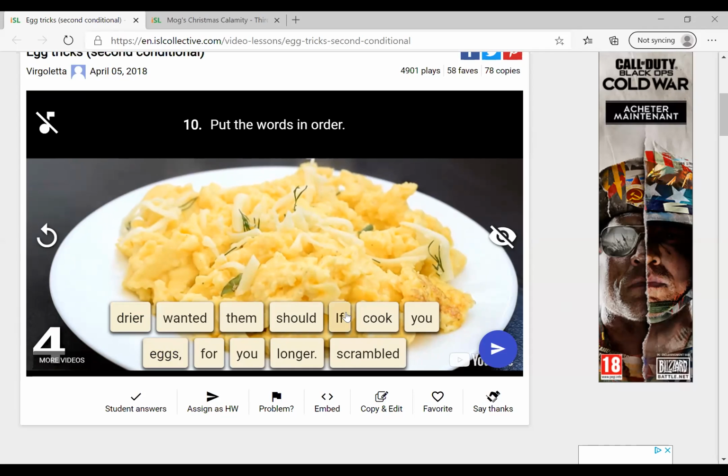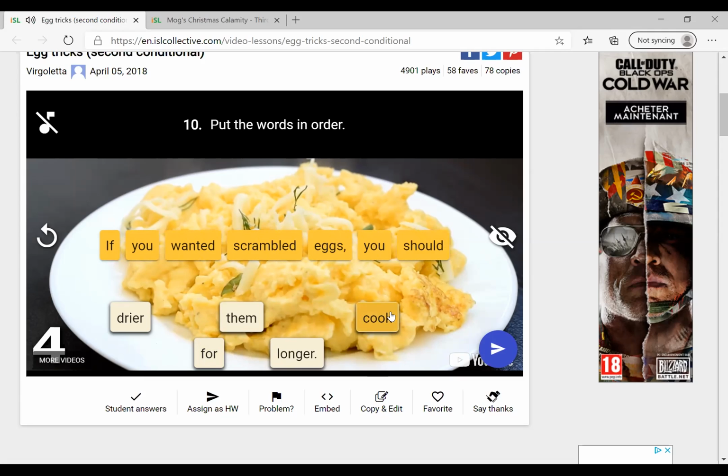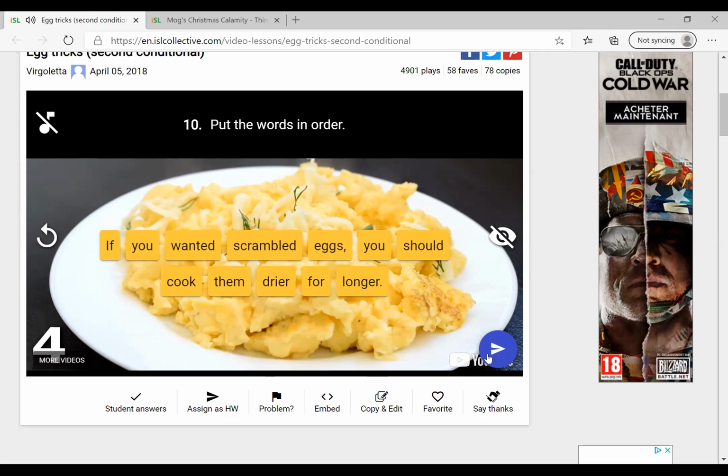If you cook, be careful. If you wanted to cook scrambled eggs, you should cook them drier for longer.